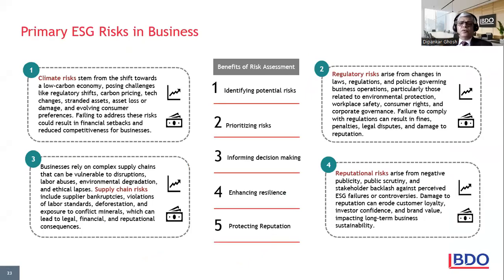So there are four quadrants if you look at the ESG related risks in the business. The very prominent one is, for example, the climate related risk, which is stemming from the shift towards a low carbon economy, and the solutions which are coming through that shift.